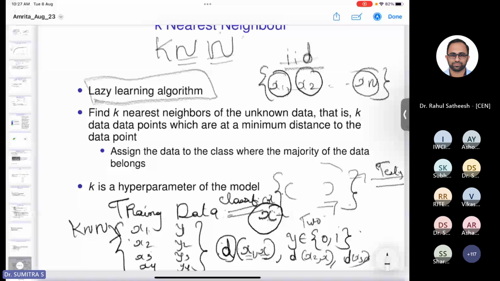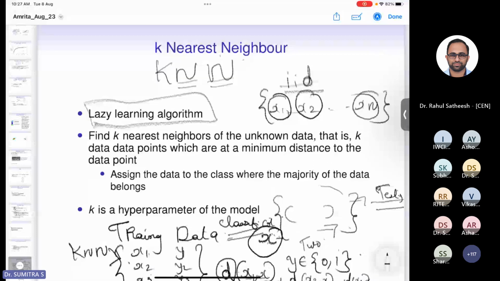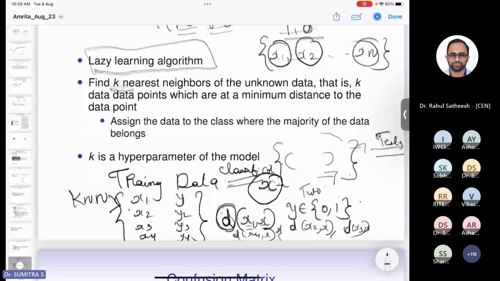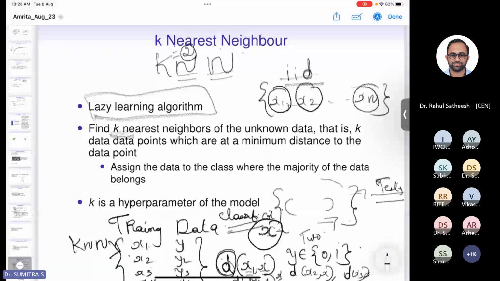Now, what does K stand for? K means we find the K nearest neighbors. Let K be 3.